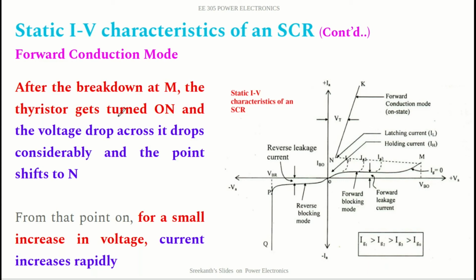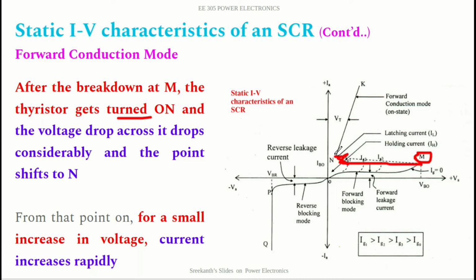The thyristor gets turned on and the voltage drop across it drops considerably and the point shifts to N. You can see that it was at M. But the moment it breaks down, the whole thyristor gets turned on, which means that there is no more high impedance being offered by the thyristor to the flow of current, which means that the voltage drop across the thyristor will fall and the point will shift from M to N.